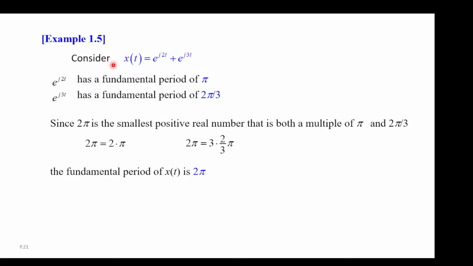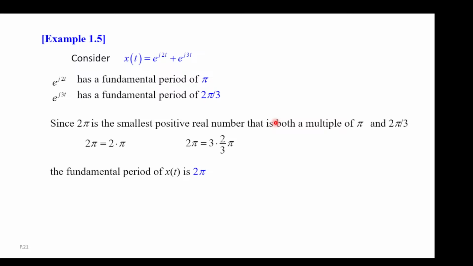The first one has omega equal to 2, and the second one has omega equal to 3. We first calculate the fundamental periods. We know the fundamental period is 2 pi divided by omega. So 2 pi divided by 2 is pi, and 2 pi divided by 3 is 2 pi over 3.